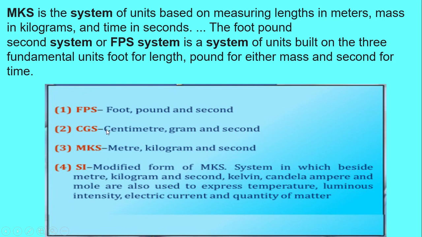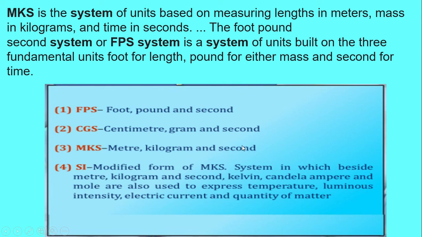There is also another system, CGS: centimeter, gram, second. And another one is SI, which is now used worldwide, the International System. The SI system is the modified form of MKS.